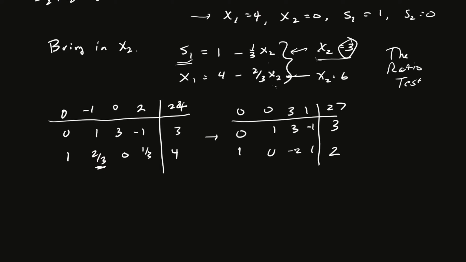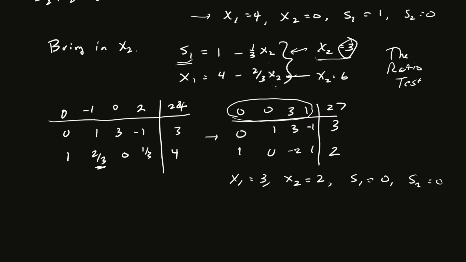Now, what does this represent? x1 equals 3, x2 equals 2, s1 equals 0, s2 equals 0. Good. Now, this is an interesting solution here, because now all of my row 0 values are greater than 0.